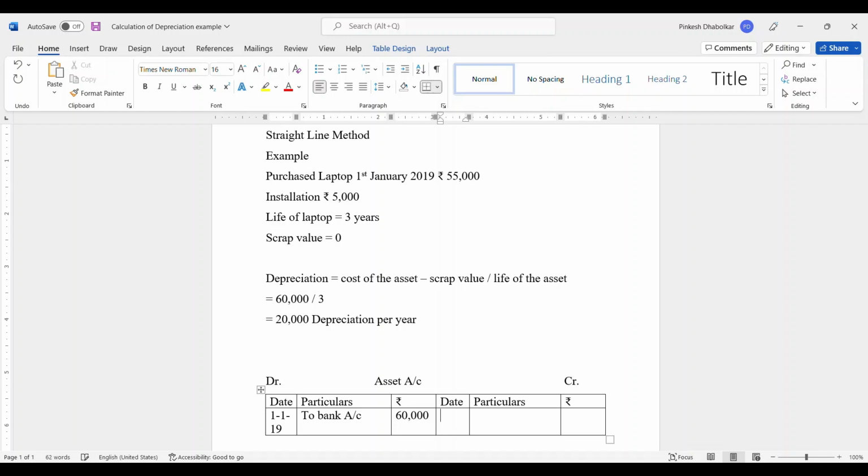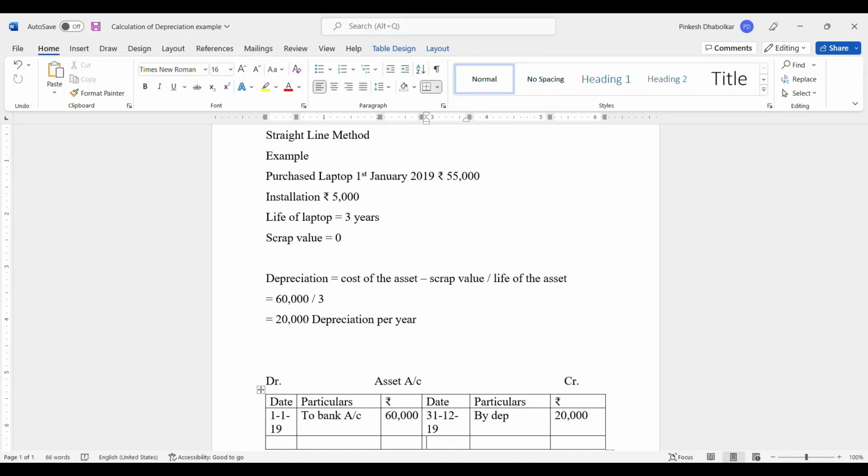Then the next entry will be to provide depreciation for this. We are completing 1 year on 31st December 2019. So entry will be by depreciation, amount will be how much? 20,000 we have calculated now. Amount is 20,000. We do not have any more entry in this.